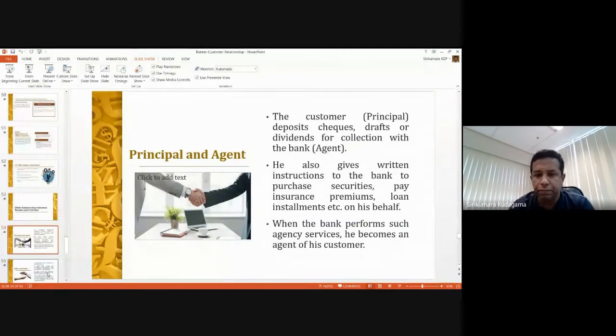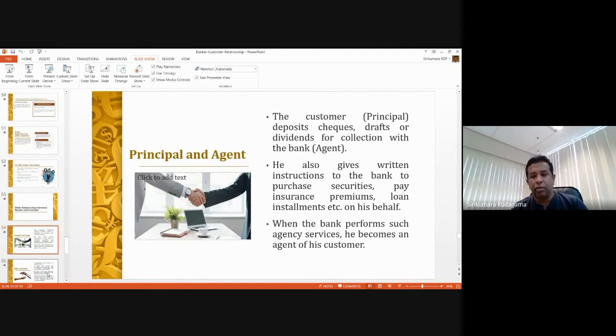Principal and agent. The customer may be acting as the principal and the bank is the agent. How does it happen? The customer is the one who orders the bank to pay checks. Who can give orders? It's the principal. The banker, as the agent of the customer, carries out those things.